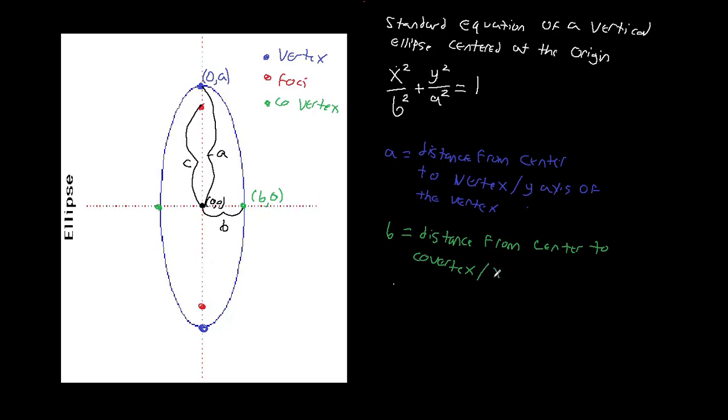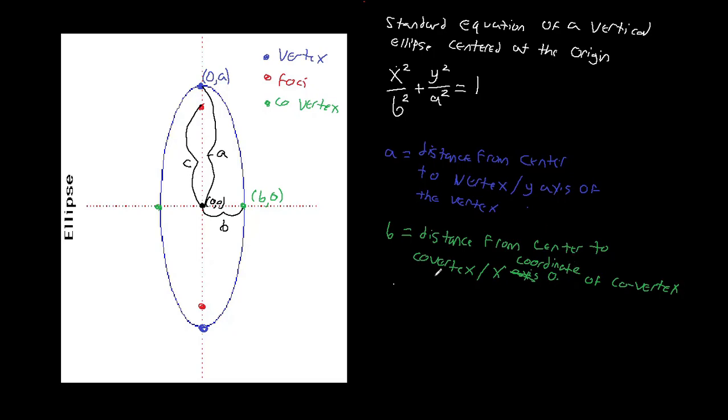So this is now the x-coordinate of the co-vertex.